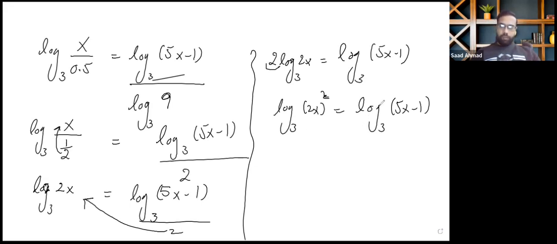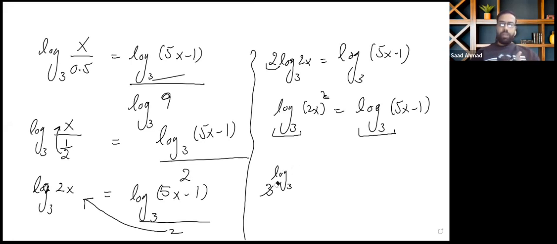Similarly, if we have the same log with the same base on both sides, log 3 and a log 3 here, we can get rid of these logs by taking the 3 and writing them in the power of 3. They just cancel out each other. Power and the log 3 cancel out each other.